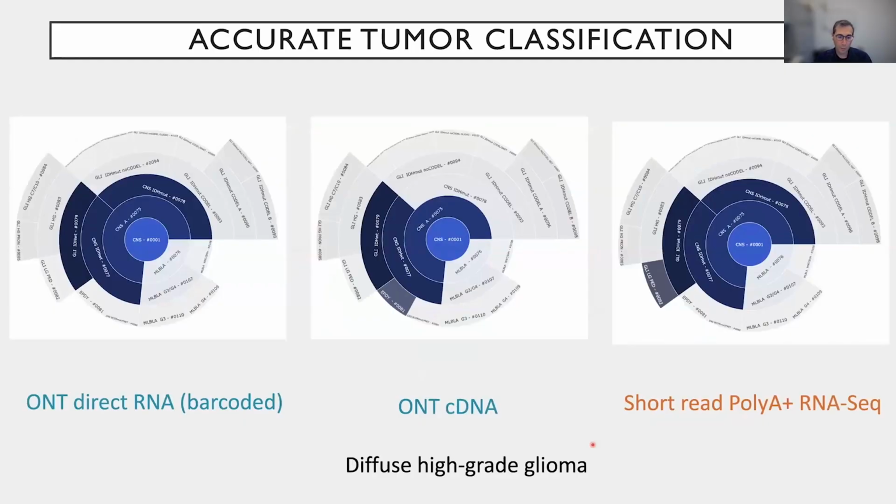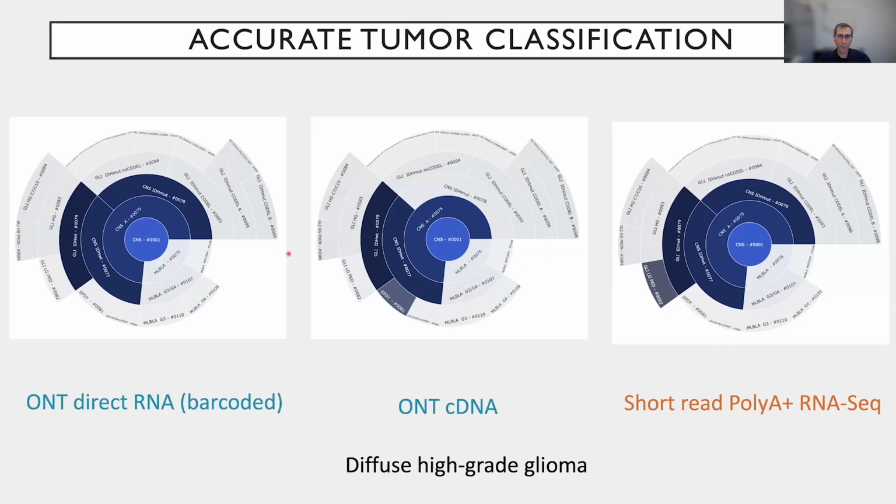And here, what we began to do is to use the barcoded direct RNA that Patrick presented as well. And we're just analyzing some of the first data from that as we speak. But so far, a lot of the classification scores look great. And so here we have a triplet: the direct RNA sequencing on the left, the Oxford Nanopore cDNA sequencing in the middle, and the short read poly-A RNA sequencing here.